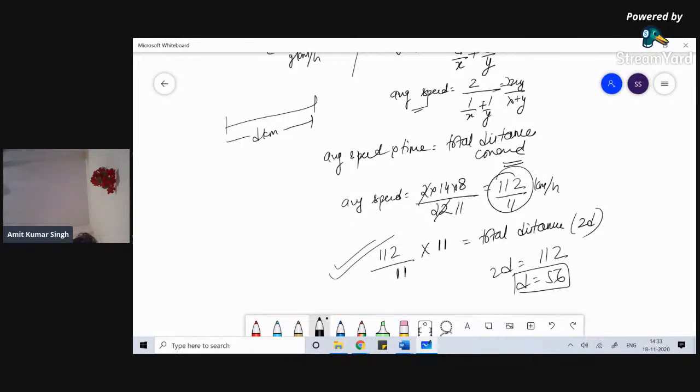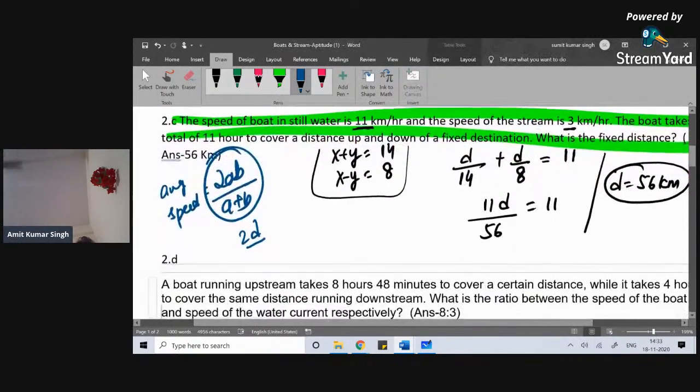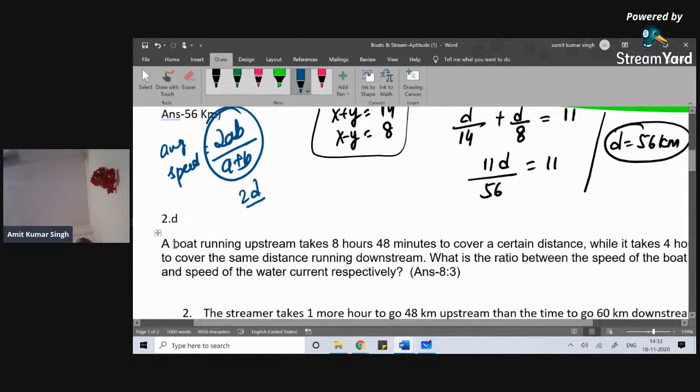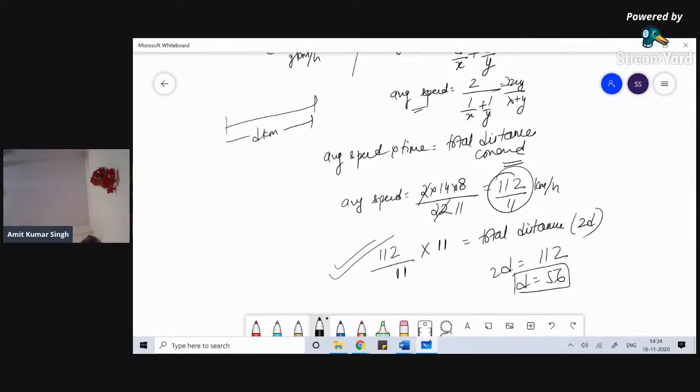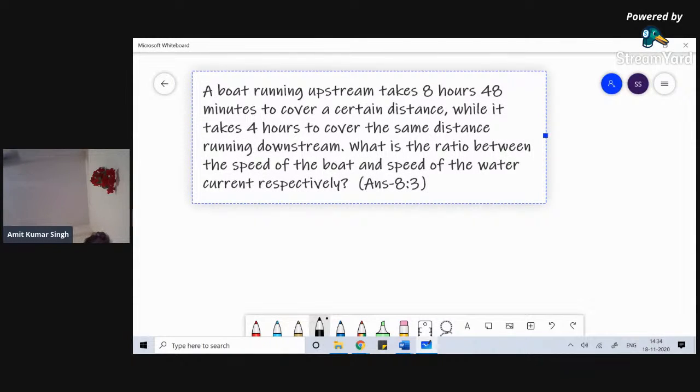Any doubt, anyone? Do this question. Srinivas, you are not replying for a long time. Maybe Srinivas is thinking this is a very easy topic. Pallavi, any doubt?